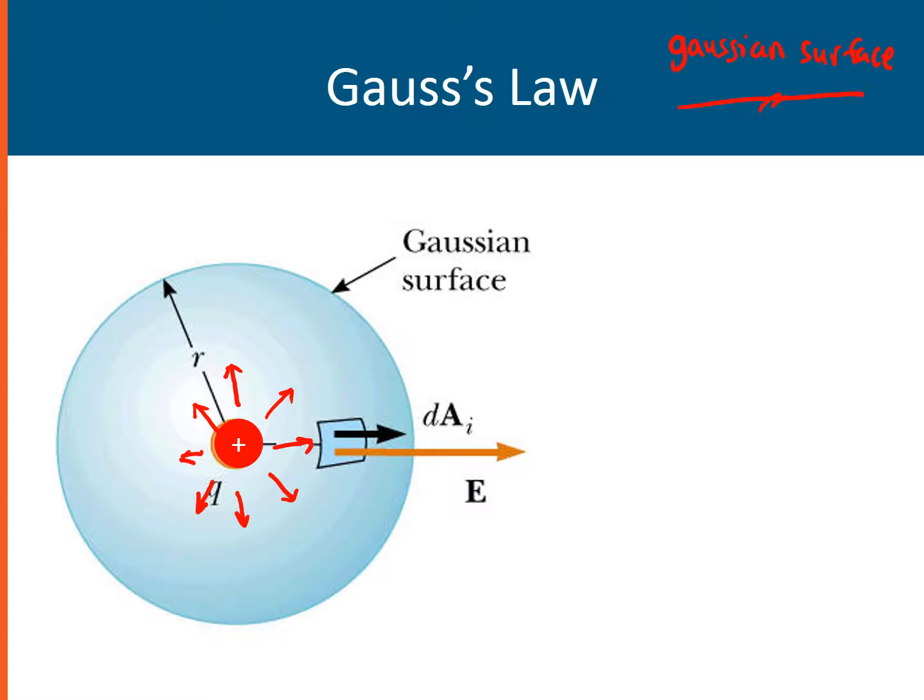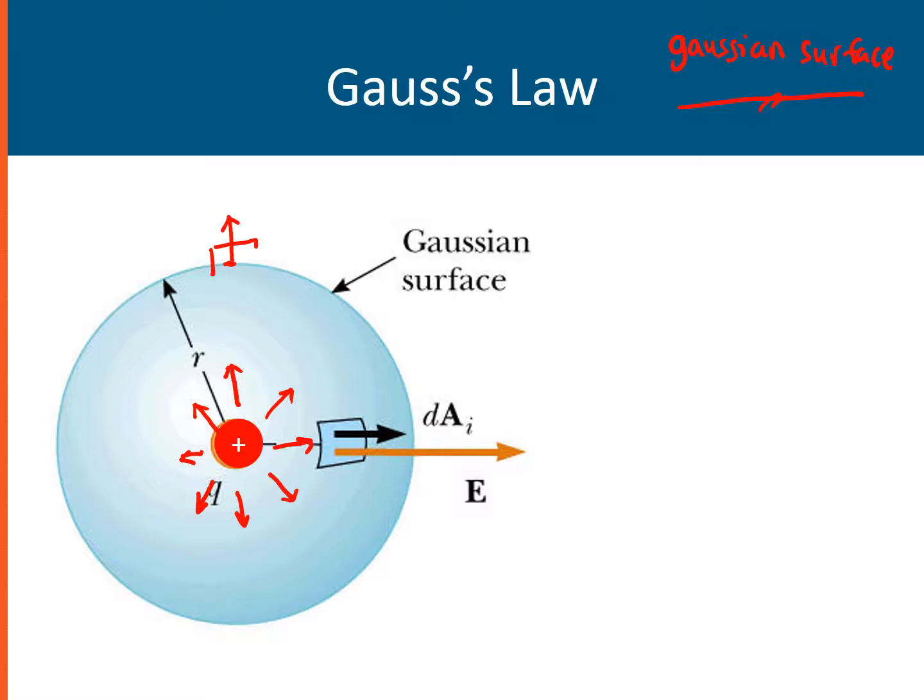So let's draw that Gaussian surface. It's going to look like this. So it basically is a sphere. So imagine a ball with this positive charge on its center. So the electric field would be going out in all directions. That means that if I look at this small area here at this point of the Gaussian surface, I could see that the electric field would be pointing perpendicular to it.